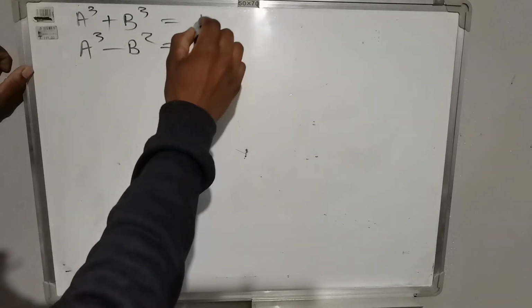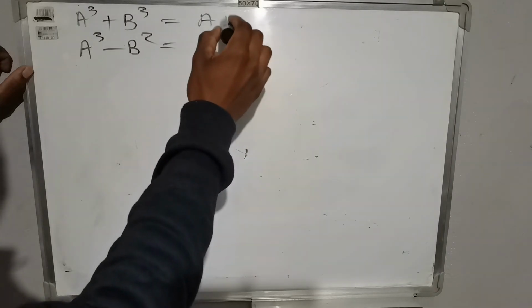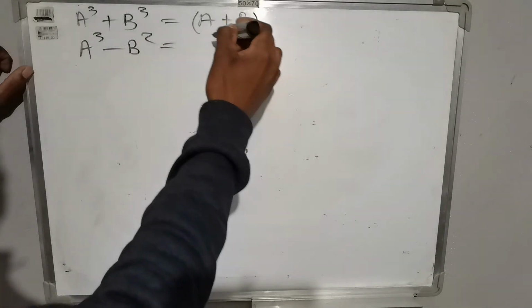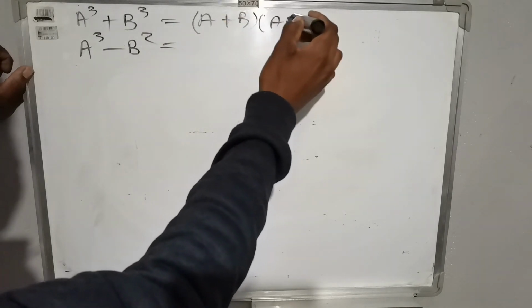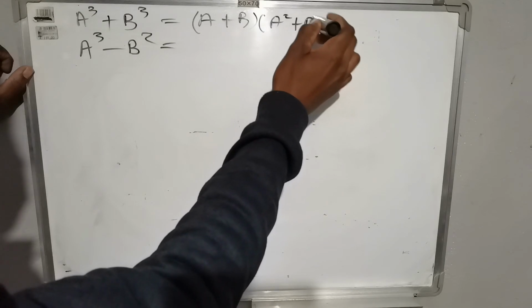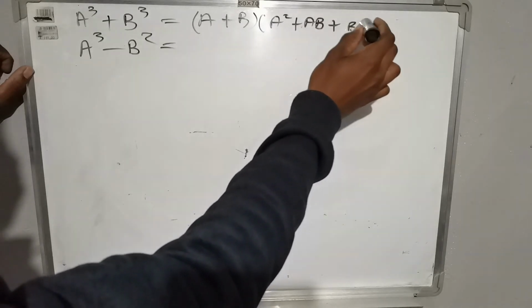This is equal to a plus b multiplied by a squared minus ab plus b squared.